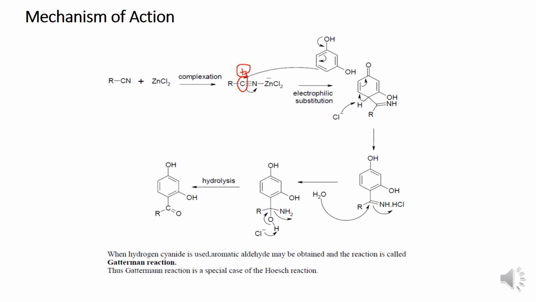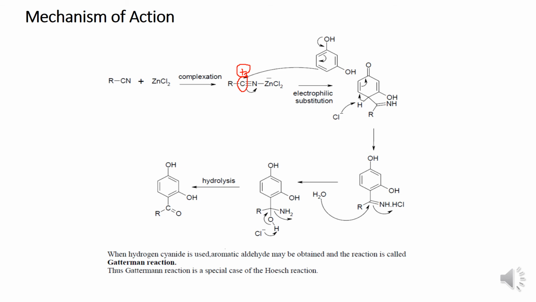When hydrogen cyanide is used in place of RCN, an alkyl substituted nitrile compound, an aromatic aldehyde may be obtained, otherwise ketonic compounds are obtained.